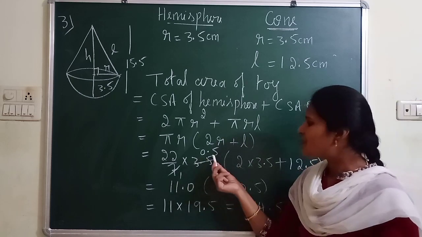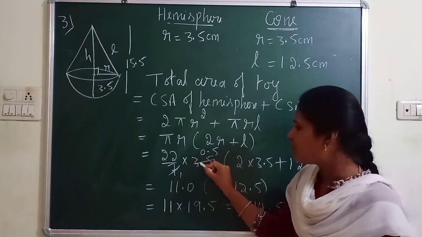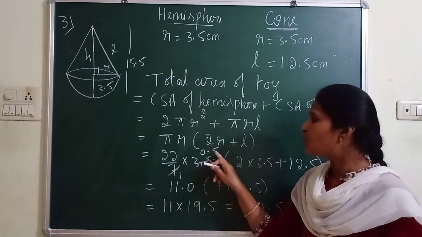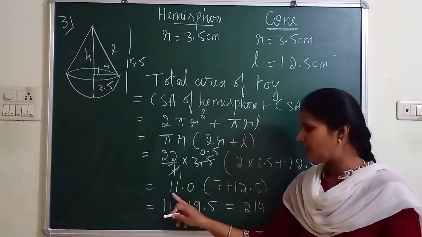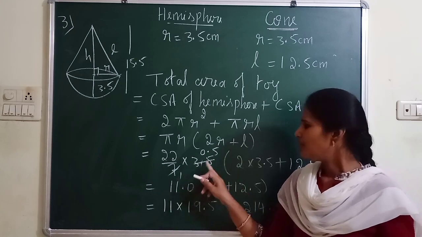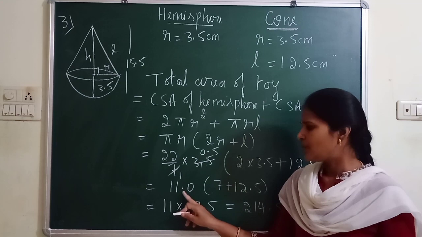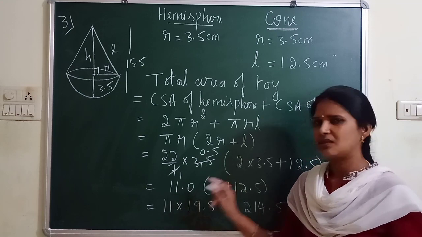Now 7 1s are 7, 7 5s are 35, but you have 3.5 here. So 7 0.5s are 3.5. Now 22 into 0.5, if you multiply, we get 110. But the point after one decimal, so we get 11.0.